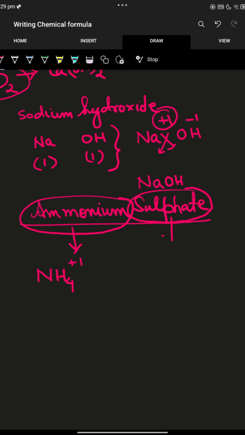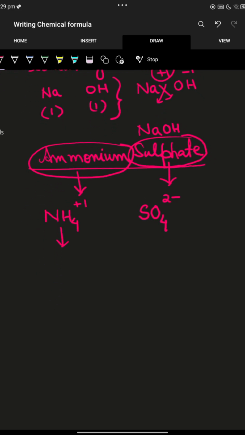Sulfate means SO4, charge is 2 minus. Now in the charge, whatever is the magnitude, that is your valency. So valency of ammonium is coming out to be 1, and sulfate, valency is coming out to be 2. Okay.